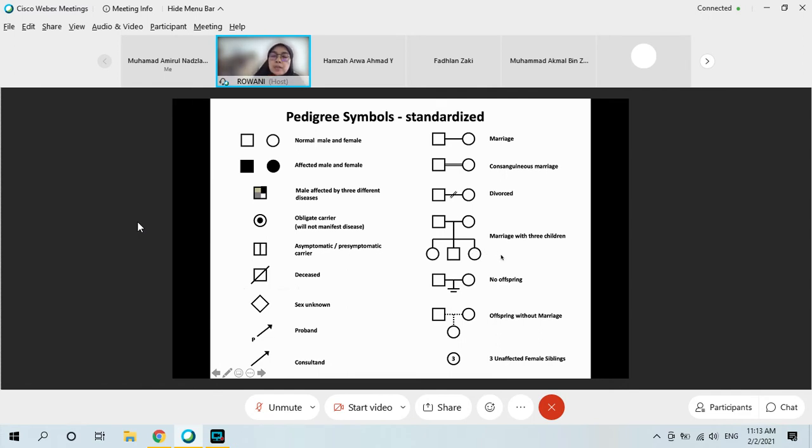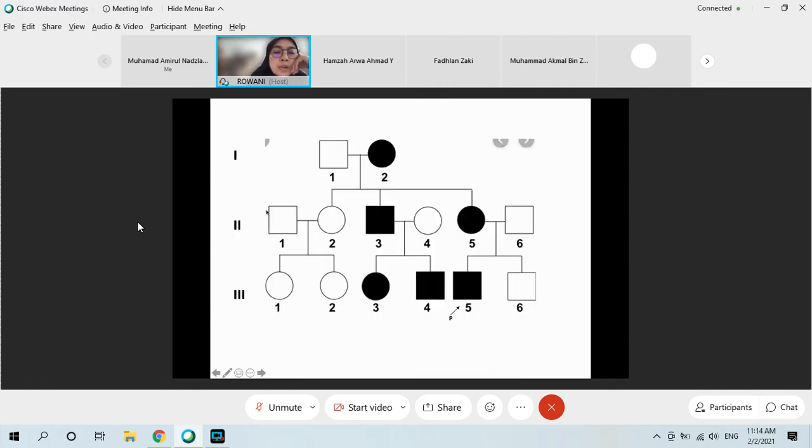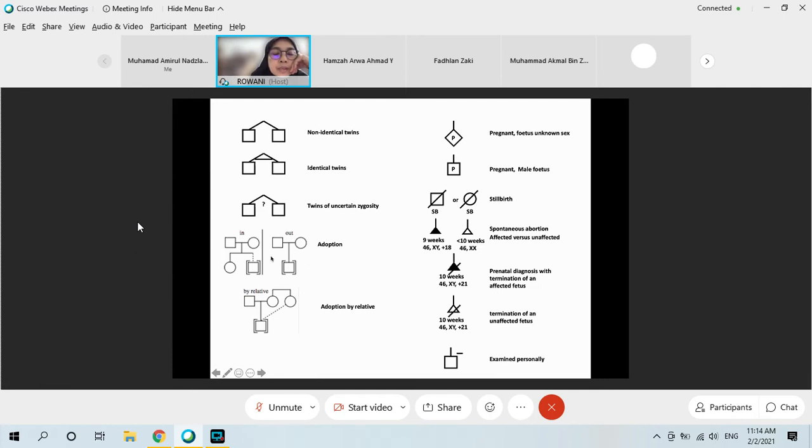All of them are not affected. And for twin, this is the symbol. If it is identical twin, it is like this. If twin, but you're not certain whether they are monozygotes or dizygotes, then you just put a question mark there. And if this is adoption, it's like this.